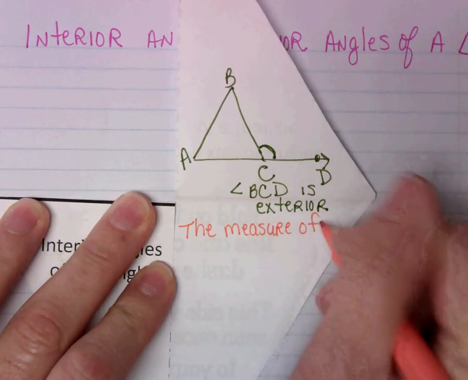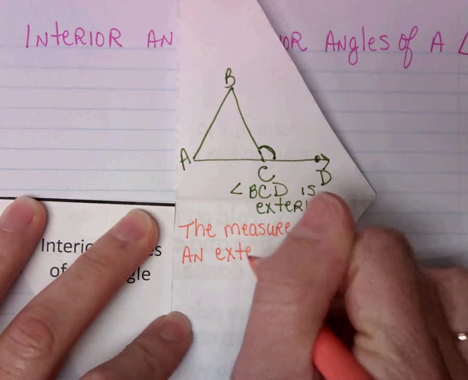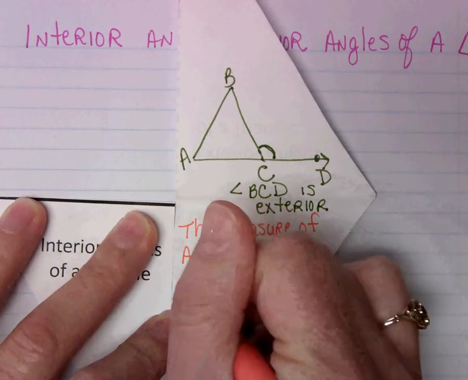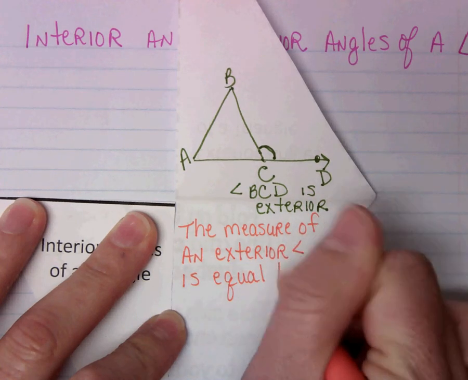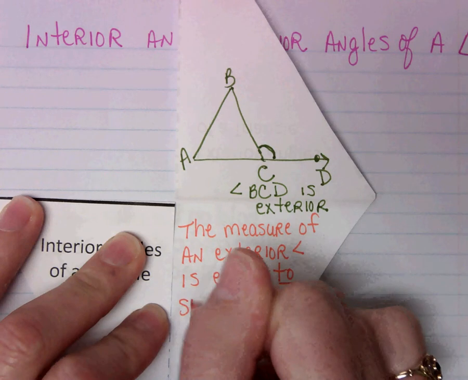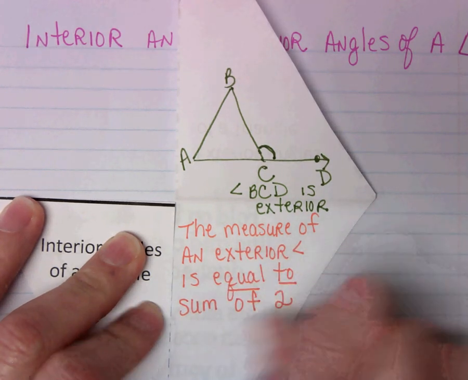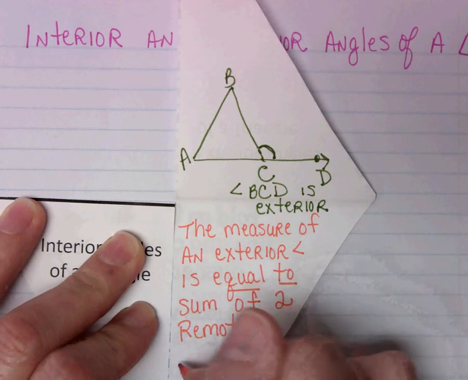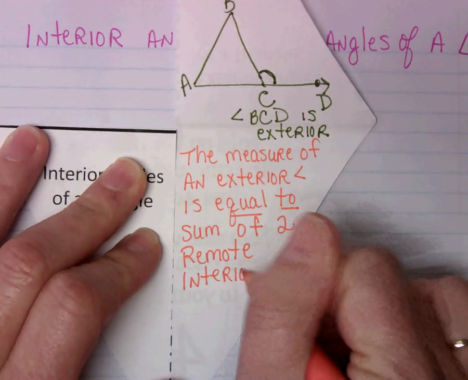The measure of an exterior angle is equal to the sum of the two remote interior angles.